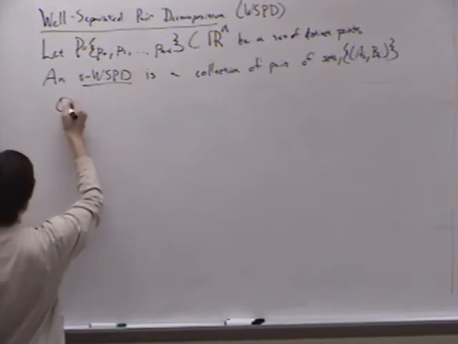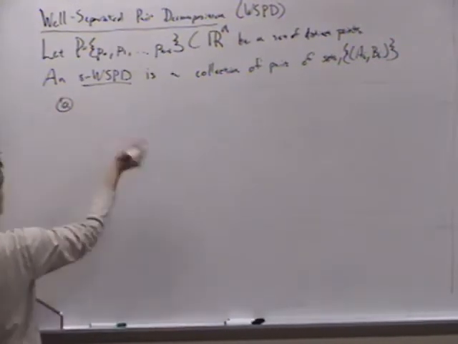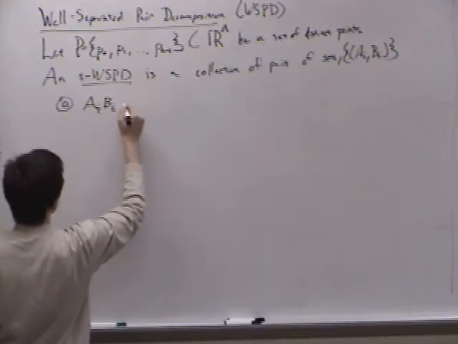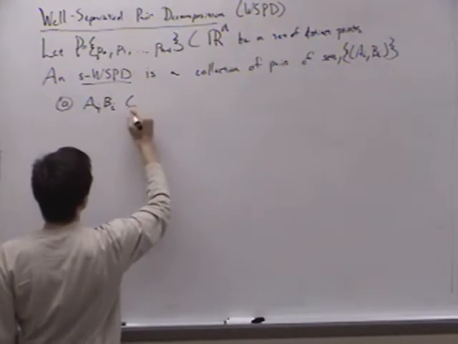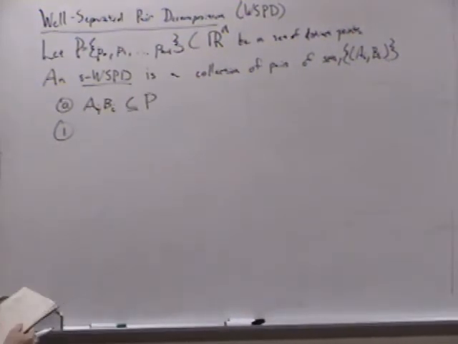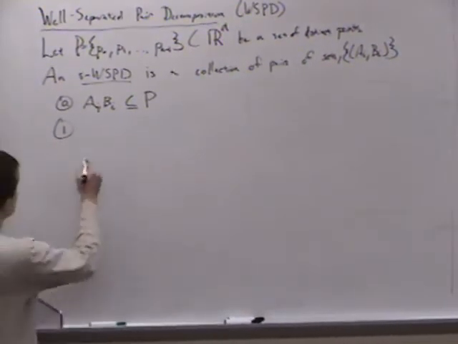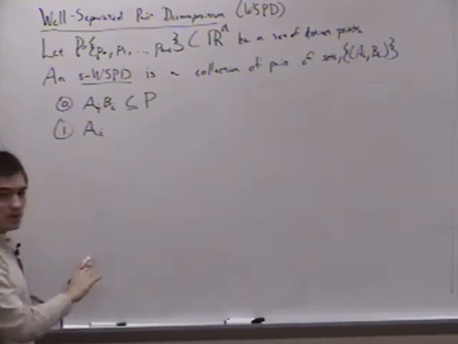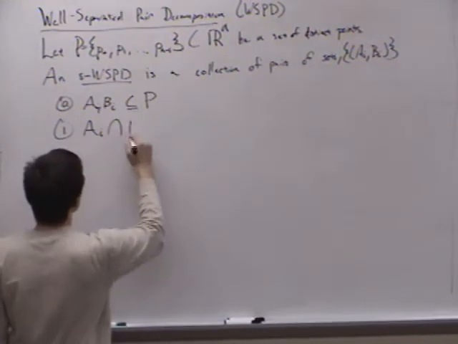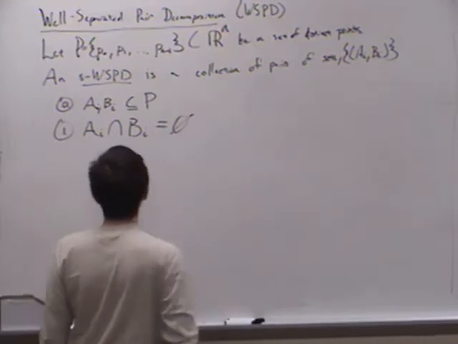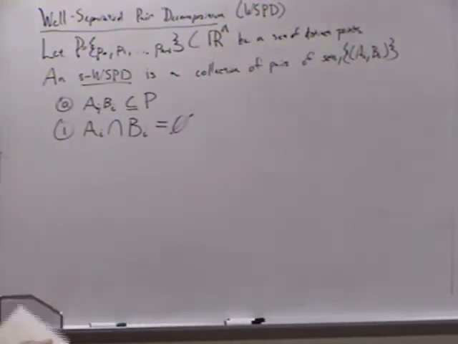So the first is that the types of these things have to be consistent. So each A_i, B_i is going to be contained in P. The second, sort of easy property, is that we're going to require their intersections are disjoint. By the way, these properties are not all independent, so some of them imply one another. So the intersection of A_i and B_i better be empty, right? So these are all pairwise disjoint sets.